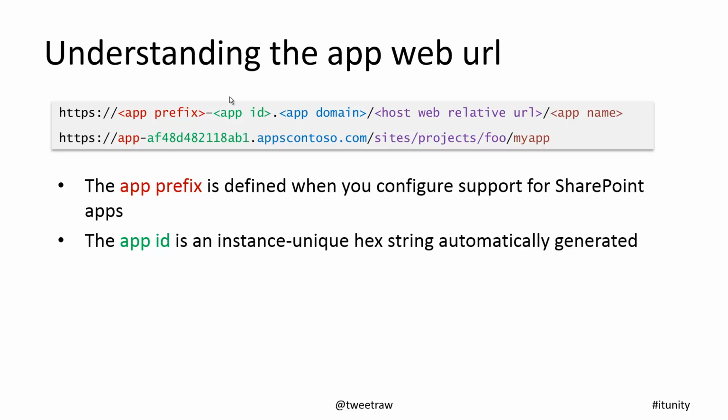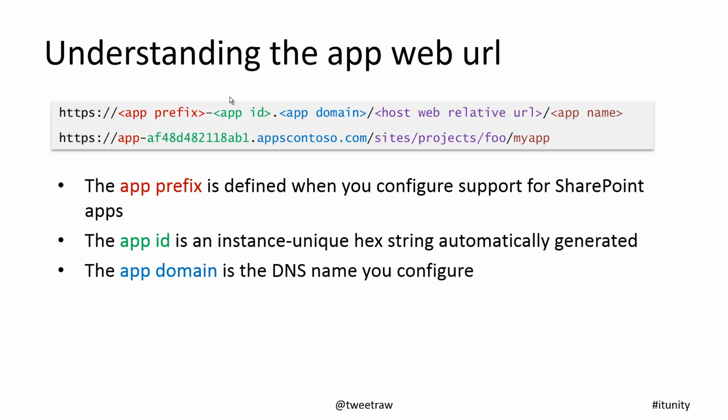If I have 5 instances of one application running from 5 different host webs, I would have 5 different unique hex strings. Okay, so it's not unique to the application itself, it's unique to the application instance. Each time I provision an instance of that app, I'll get a new app ID. Again, that's controlled by SharePoint. You don't have any influence over that.